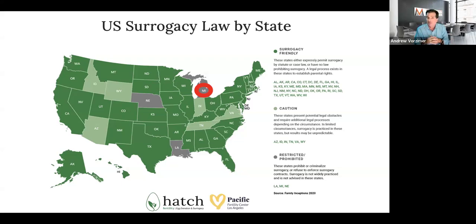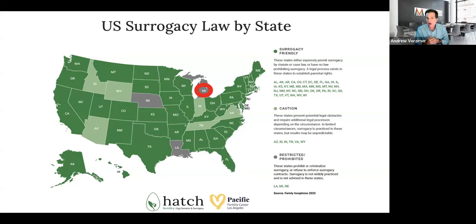Right now, there are 25 jurisdictions where if donor eggs are used, we can get a pre-birth order. But another 20 jurisdictions where there may need to be a post-birth order, which we want to avoid for international intended parents. So genetic connection to the embryos is a significant factor we have to consider in selecting a surrogate.